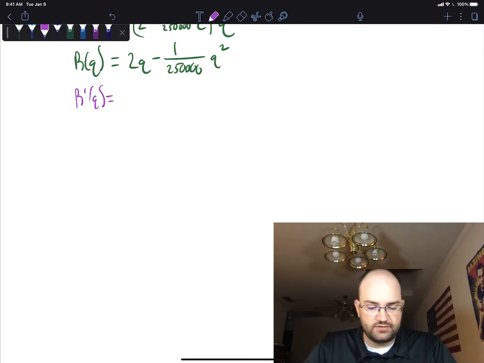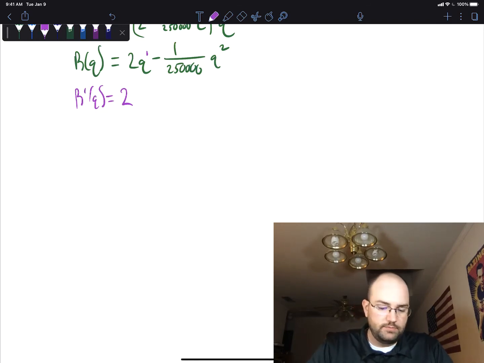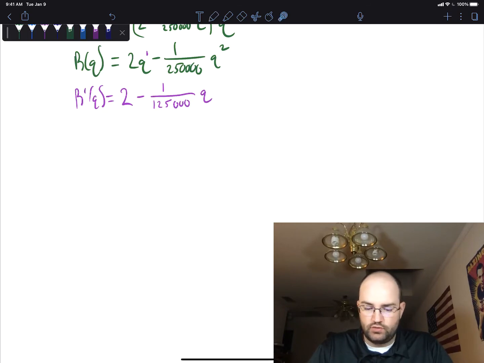Notice that there is an understood 1 exponent on the first Q; it comes down in front. 1 times 2 is 2, and the Q goes away because 1 minus 1 is 0. For the next term, the 2 comes down in front: 2 in the numerator over 25,000. There's a common factor of 2, making that minus 1 over 12,500. Now Q to the 2 minus 1 is Q to the first power.